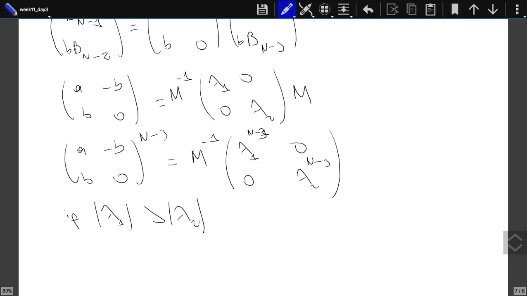One of them will be larger than the other one. Let's call the larger one lambda 1. Then lambda 2 over lambda 1 to the power n minus 3 just goes to 0. So basically we can just ignore the lambda 2.